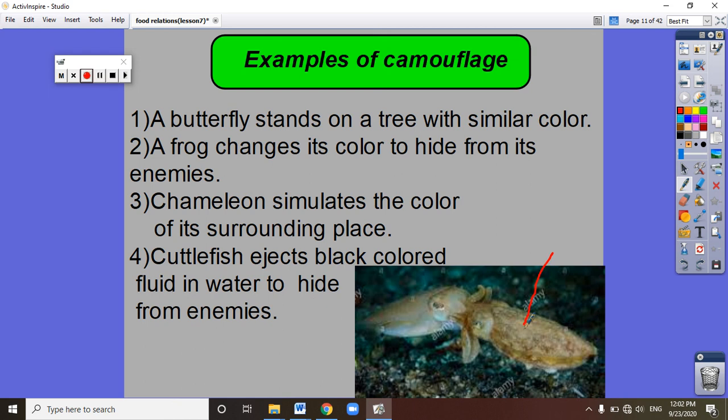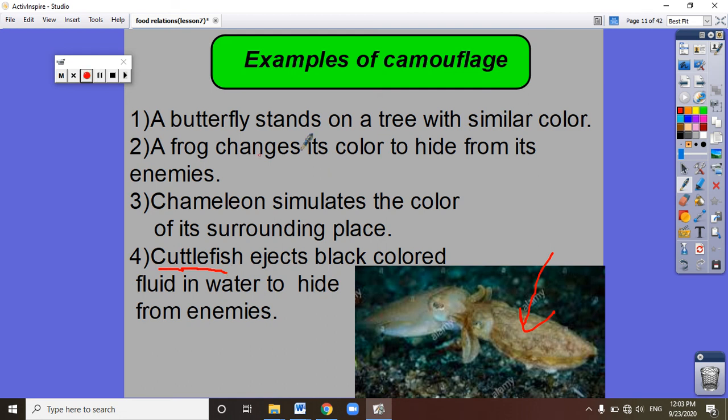Do you know the cuttlefish? It's a kind of octopus. The cuttlefish can secrete or eject a black colored fluid in the water. When the cuttlefish sees its enemies, it ejects a black liquid in the water to hide and to escape from its enemies.